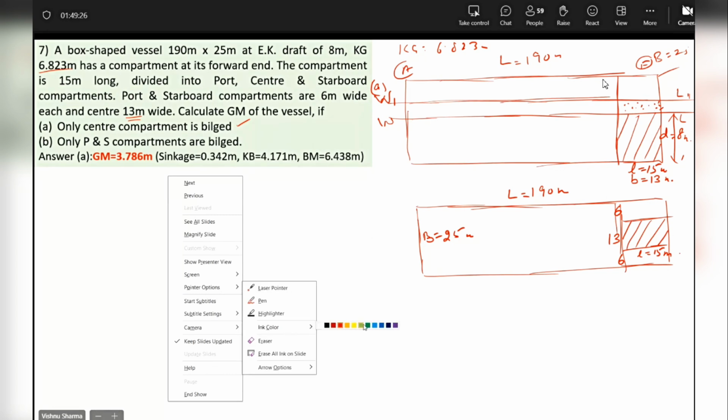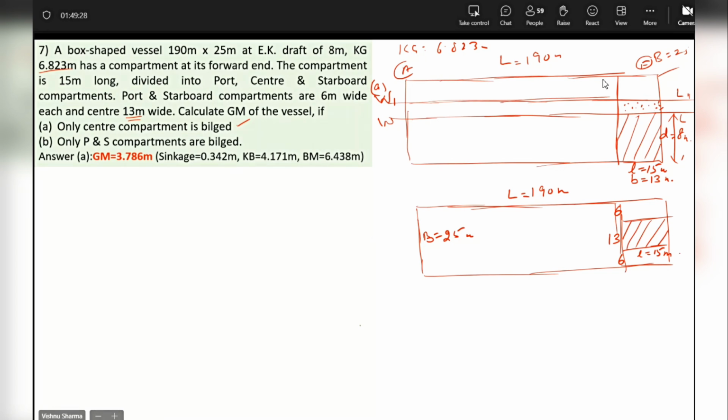Okay. So now we do the same thing. First, we find sinkage. Sinkage will be equal to lost buoyancy, I have my eye on the upper diagram, the lost buoyancy is l b d, divided by the intact water plane area, I have my eye on the lower diagram. It will be LB minus lb.